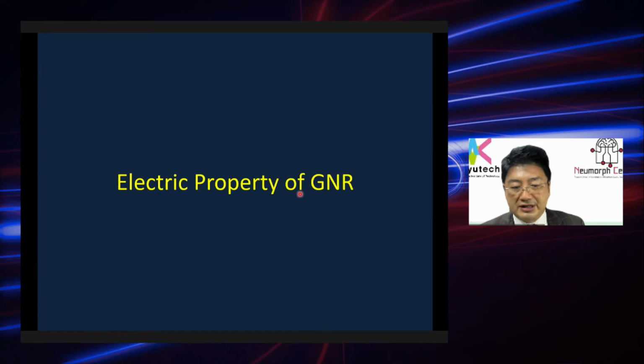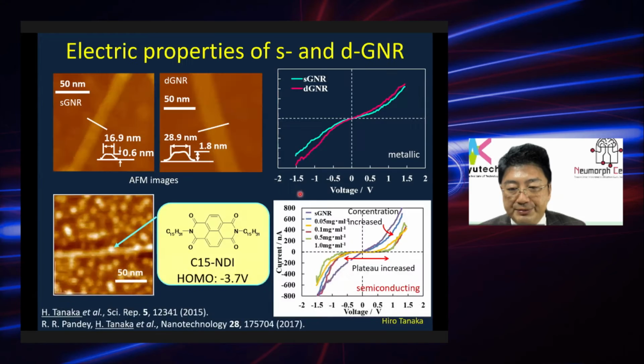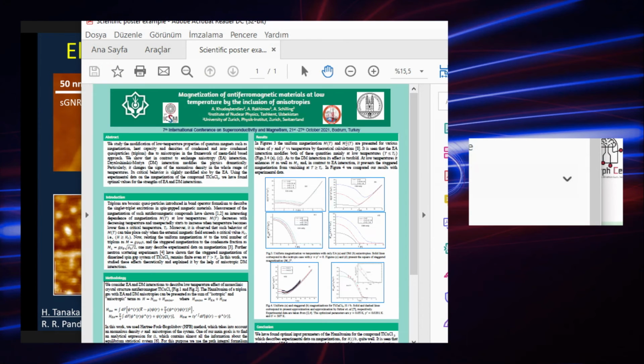So next, the electric property of GNR is performed. This is a single layer graphene nanoribbon, and a double layer graphene nanoribbon. By using conductive AFM, we could get this kind of IV curve. And by using the DFT method, we could get very close to the theoretical IV curve.